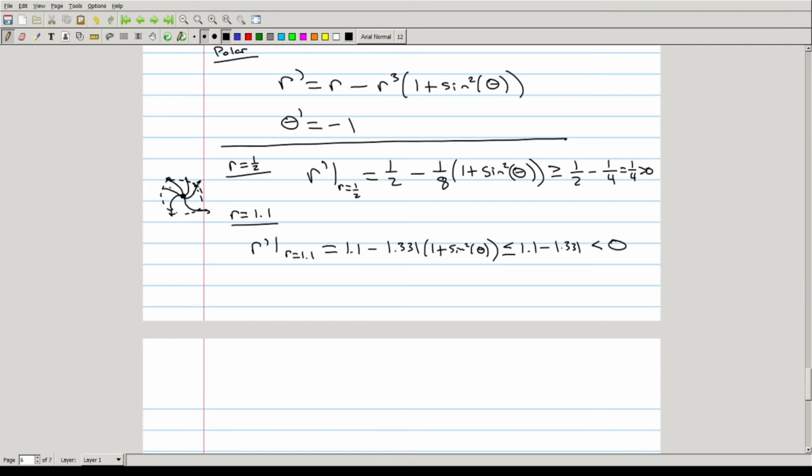And so this is circle radius 1/2. You look at a circle radius 1.1 now, and we're seeing that solutions on this circle that enter into this circle have a negative change in r.